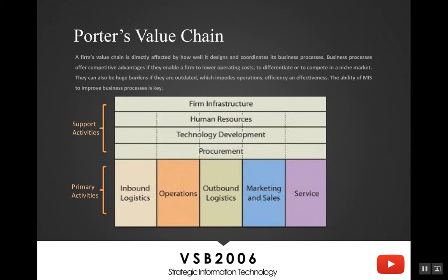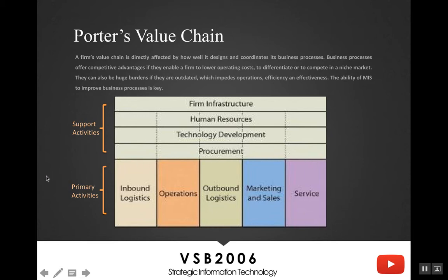Each one of these boxes is a set of business processes around inbound logistics, a set around operations, a set around outbound logistics, and so on. And each one of these processes is integrated, so all of these activities become an integrated coordination.